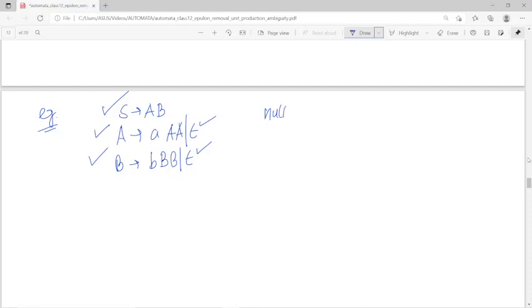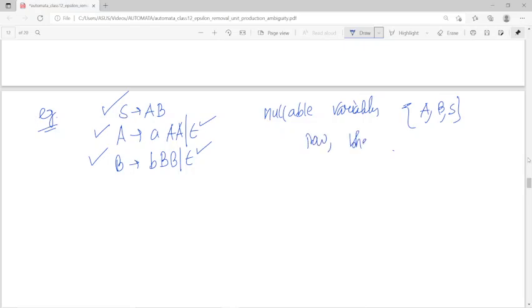So the nullable variables are nothing but A, B and S, because from A we can generate epsilon, from B we can generate epsilon, and from S we can also generate epsilon, because from A and B we can generate epsilon.